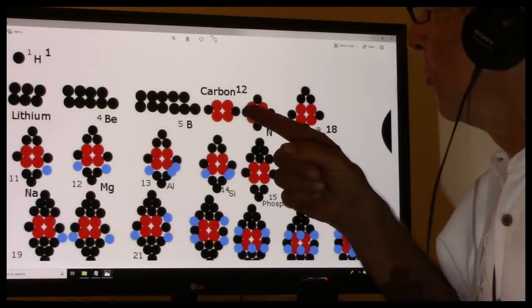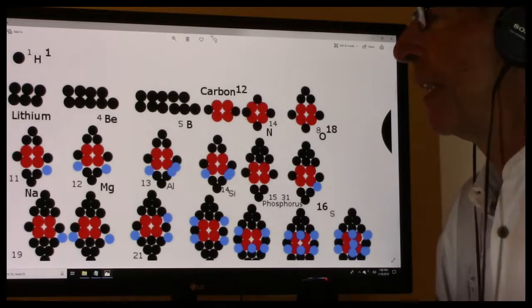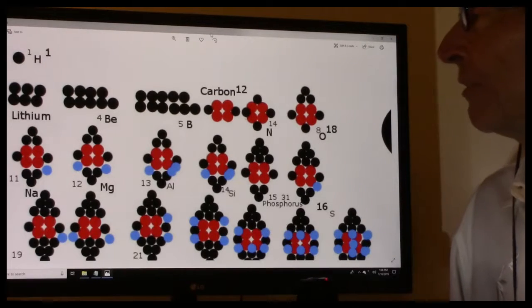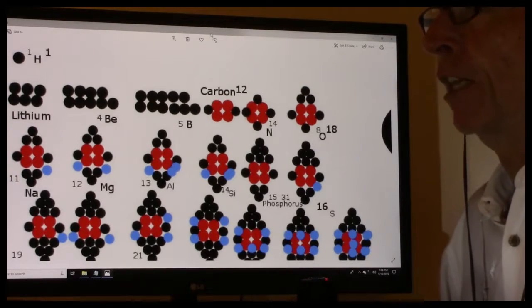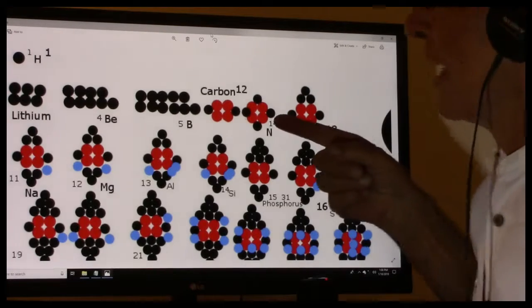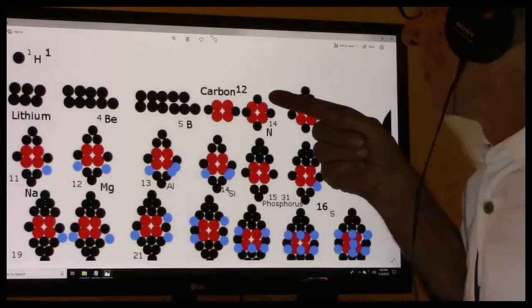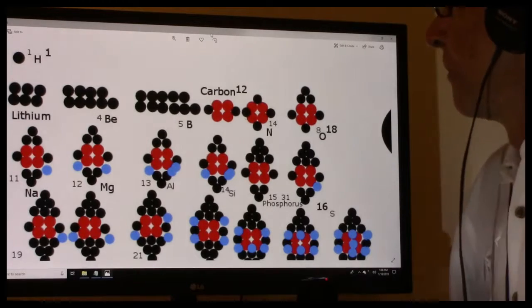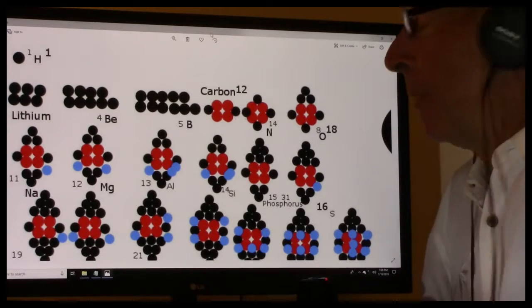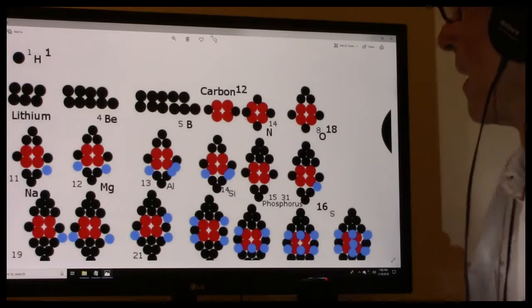And then these 2 black dots on the sides signify that all 4 sides have a single proton or neutron. Now nitrogen in the table, you see, has 2 more protons and neutrons added on the top and bottom faces of the cube.